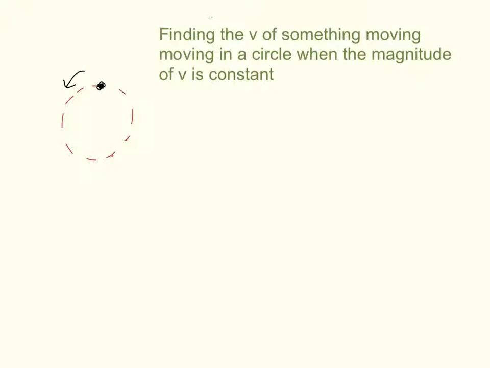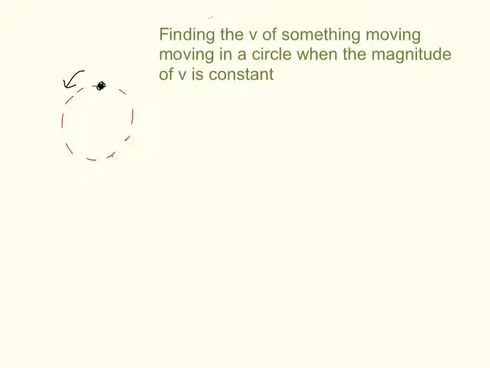We are going to start off this unit by just doing one simple thing, and that is learning how to determine the velocity of something that is moving in a circle, given that the magnitude of the object's velocity is constant. And when we look at circular motion in this particular class, the magnitude of the object's velocity will always be constant.